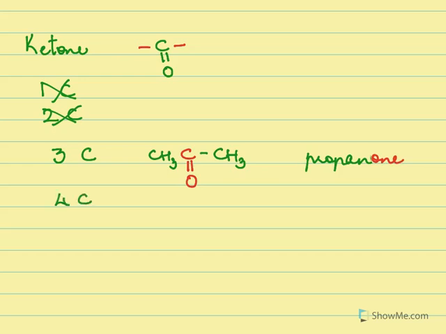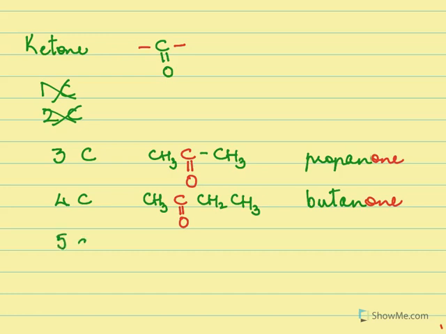Then you have 4 carbon ketone. So here again you first put the functional group and you put 1 carbon on the side, so you got 2 carbons on this side. So 4 means butane, and you take away the E and then you put O-N-E, butanone.